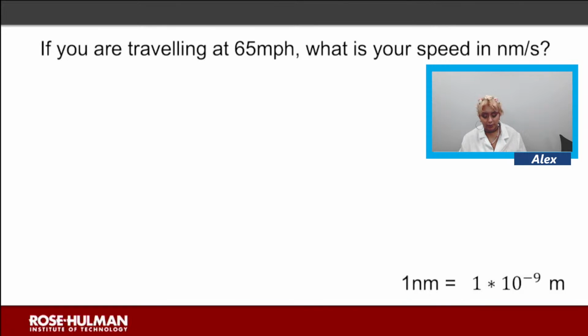So in this example, we are instead converting from miles per hour to nanometers per second. So instead of going up to kilometers, we're going down to nanometers per second.